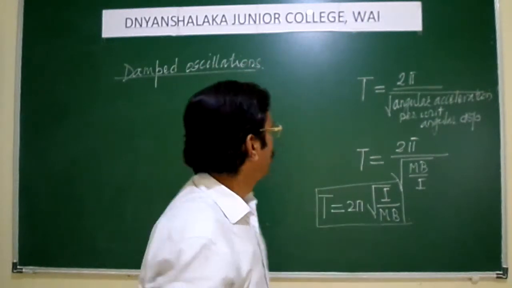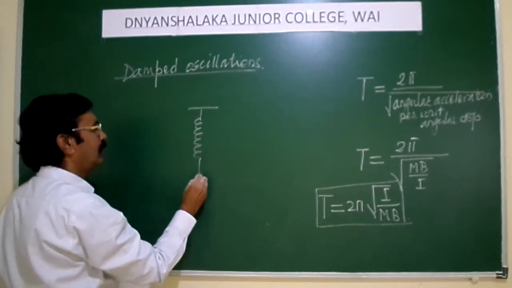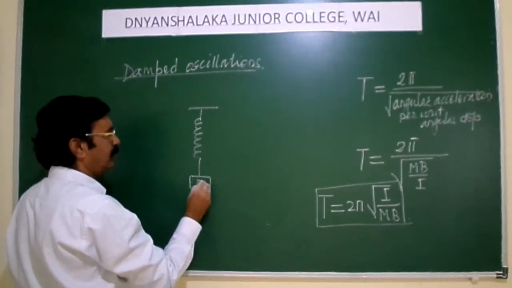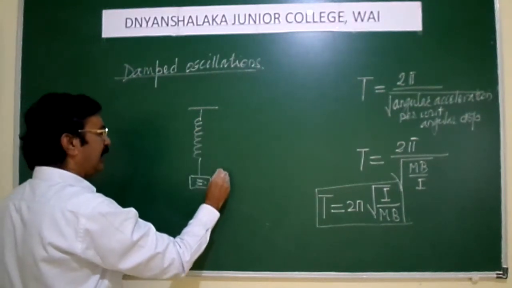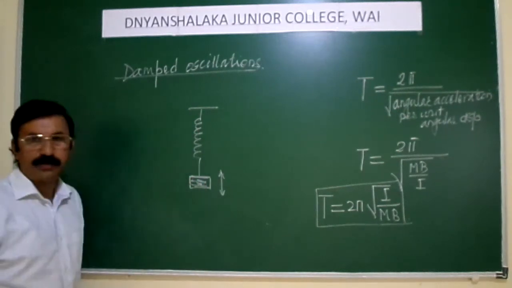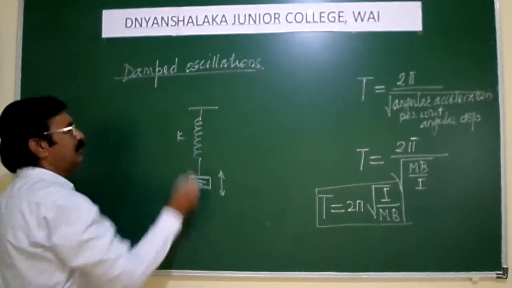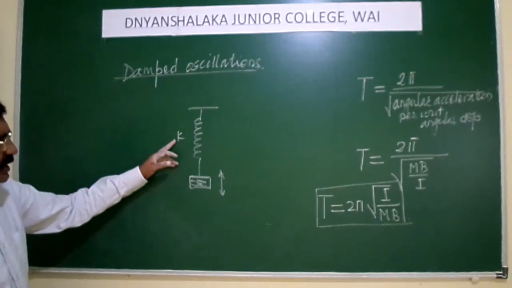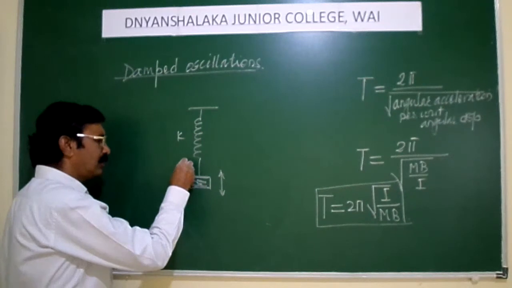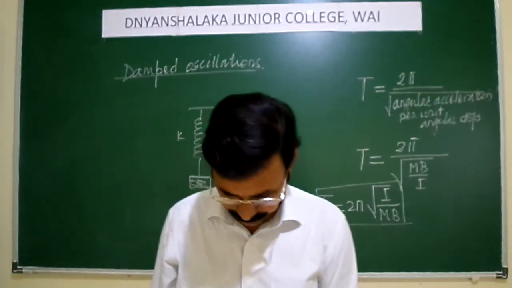So if we have a spring, and to this spring if we attach the mass, make this mass perform simple harmonic motion, if k is the spring constant, the mass moves up and down performing simple harmonic motion.